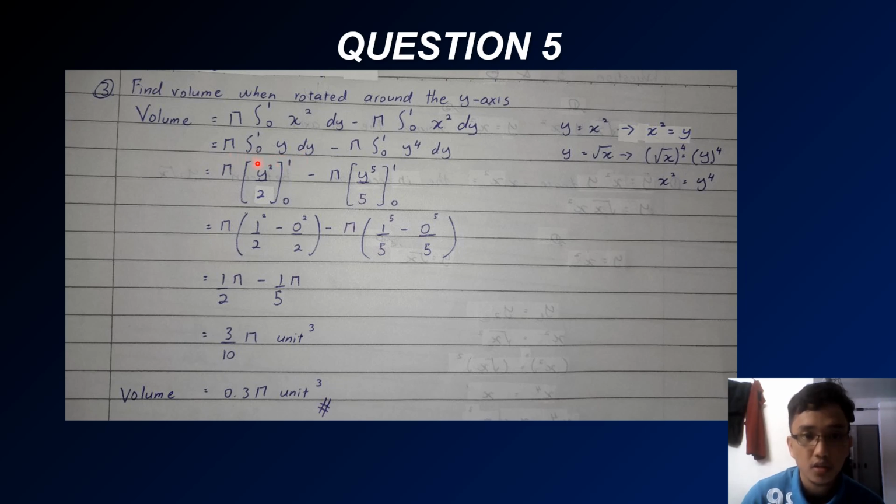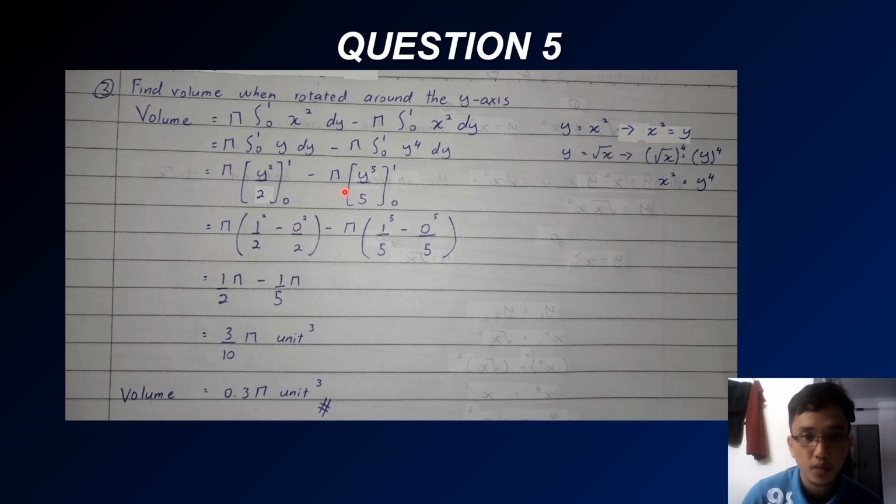Pi integral from 1 to 0 of y dy, minus pi integral from 1 to 0 of y power 4 dy. All we need to do now is integrate. To integrate y, we add 1 to the power, so 1 becomes 2, and then we divide by 2, with limits 1 and 0.